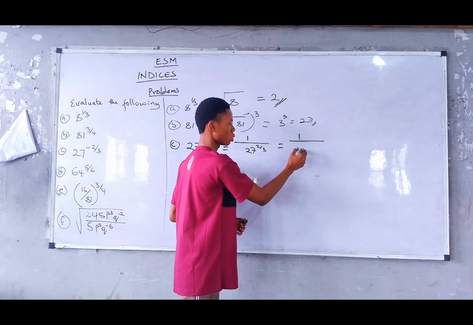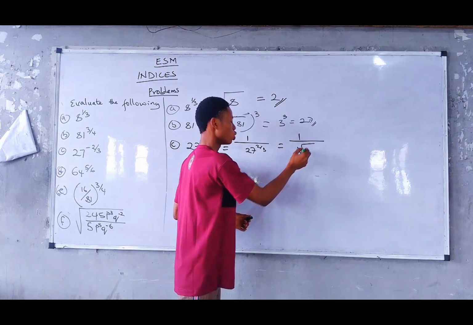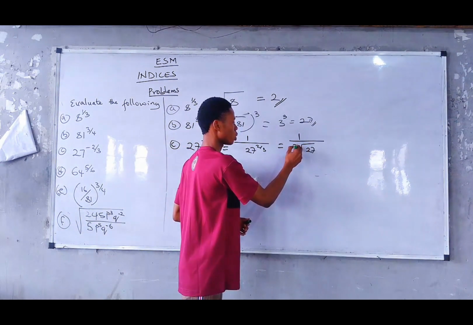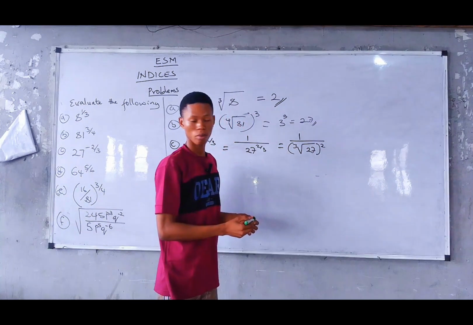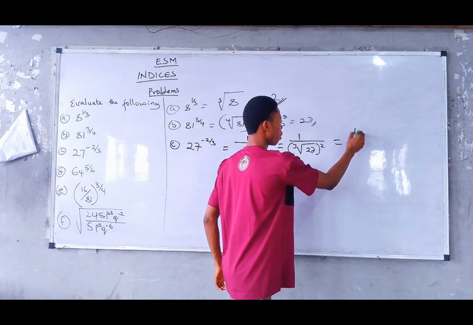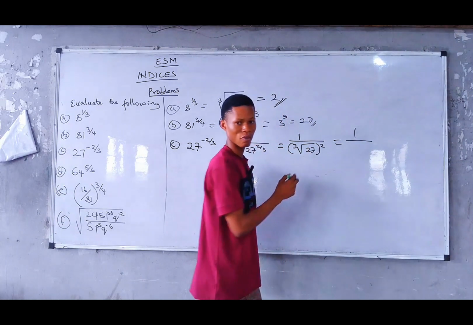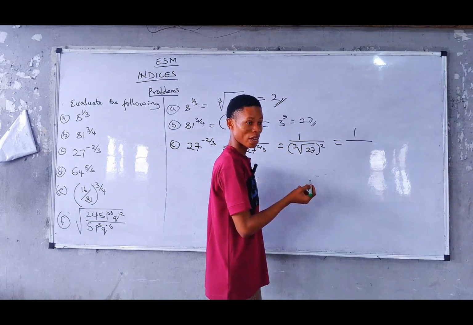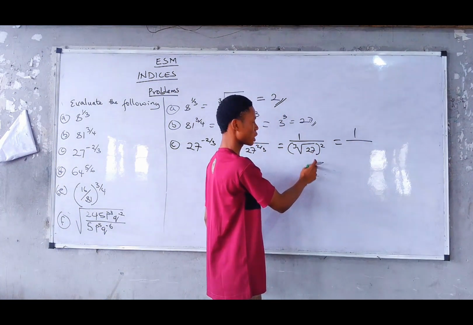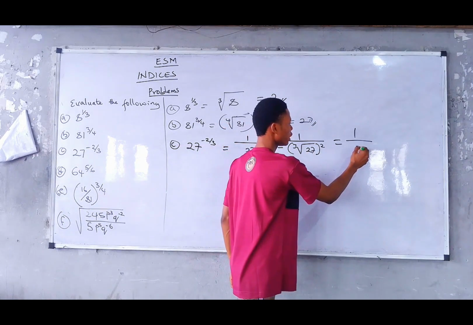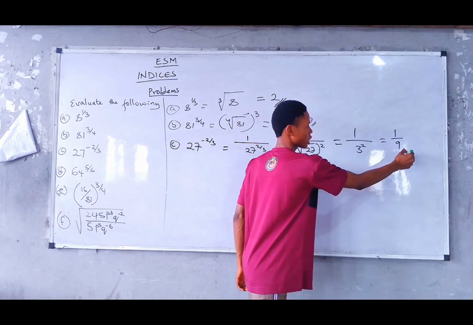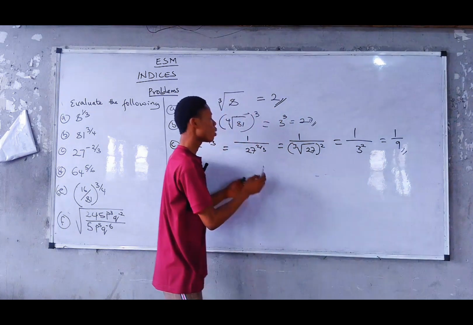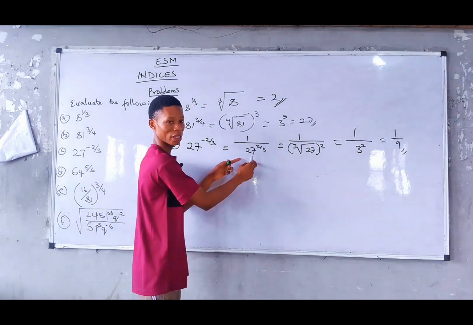Root what? Cube root of 27, right? Or square. Is it not? Here we can continue to say 1 all over cube root of 27 is what? 3, right? Because 3 times 3 times 3 will give us 27. So 3 raised to power 2. So we'll be having 1 all over what? 9 as our answer.